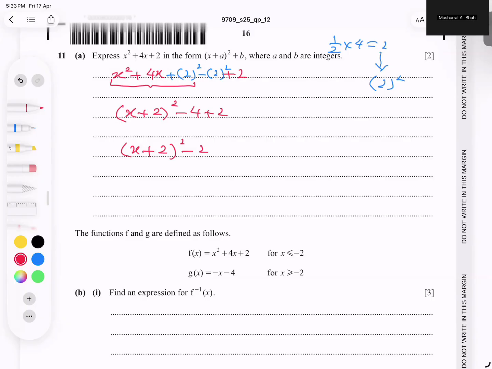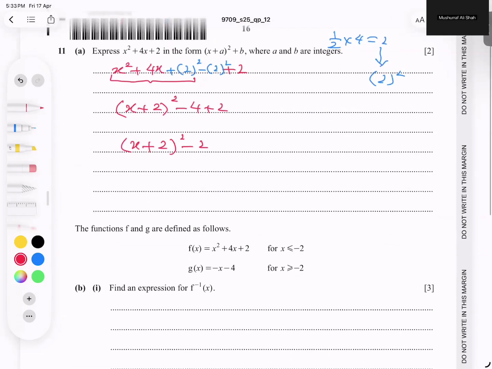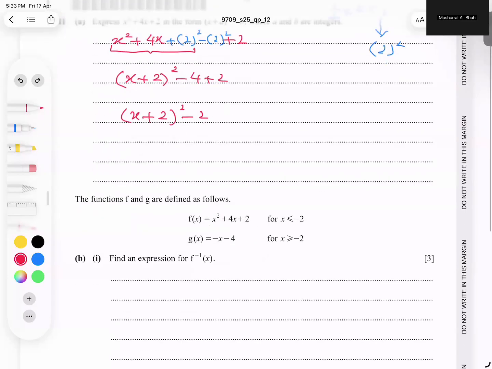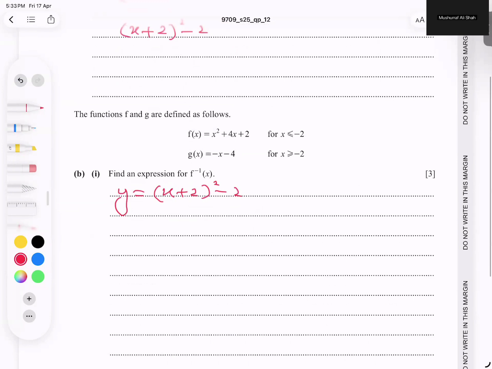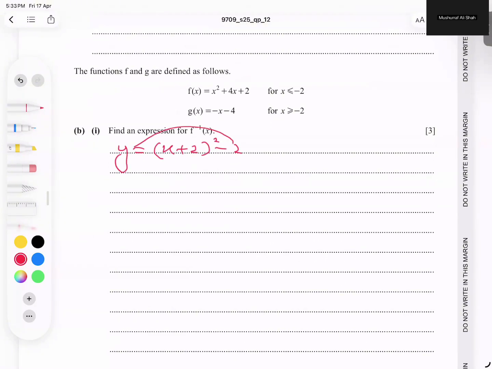After this, what is next? He is asking us to find f inverse of this. And you know, we cannot find the inverse of this function unless we have completed the square. So I'm replacing the function f(x) by y. After this, the 2 will go to this side. Switch the sides, left becomes right and right becomes left.